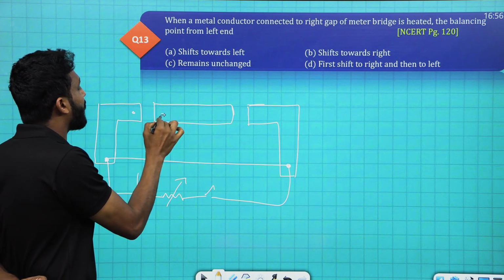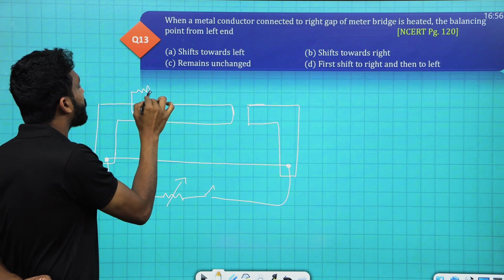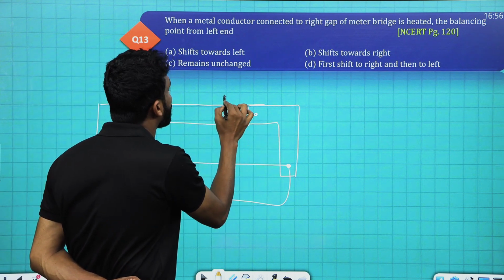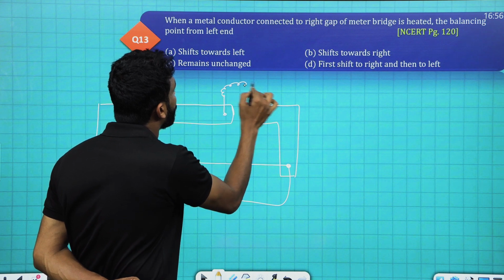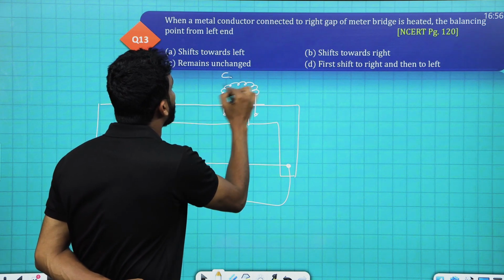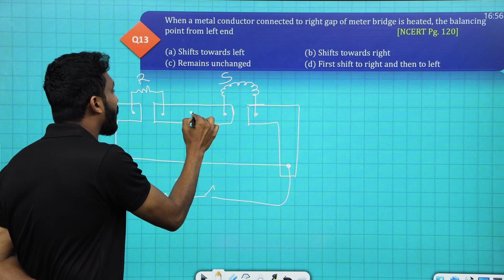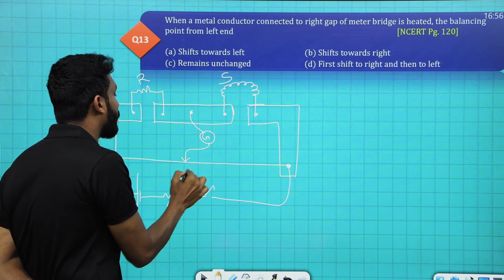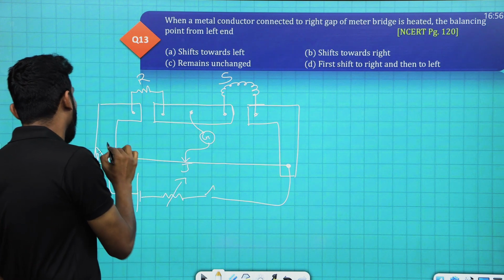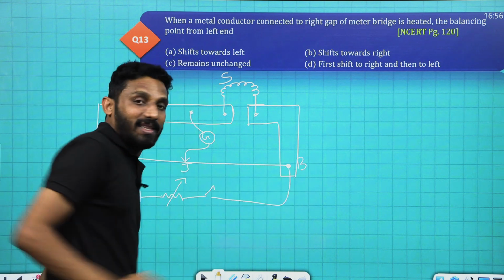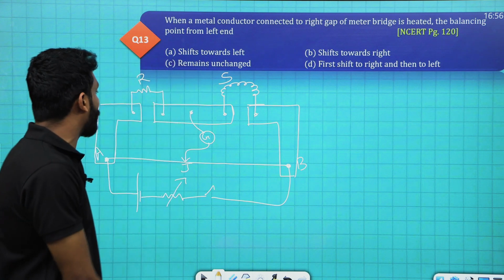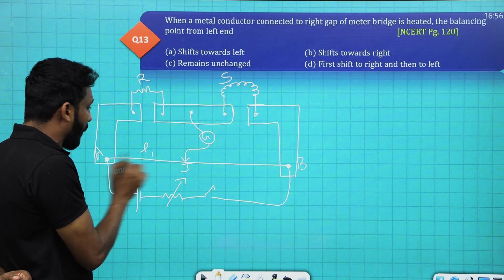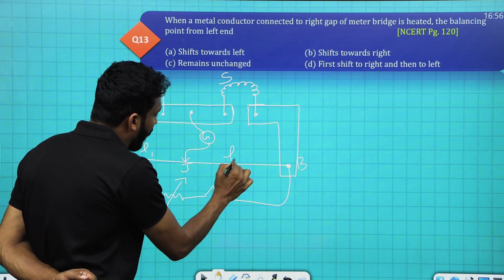And here we are having a standard resistance, let it be R. And here we are connecting a wire whose resistance is to be measured, let it be S. Here we are having a galvanometer connected to a jockey, pressing here at J. Let this point be A and this point be B. Yes, this is the picture of the meter bridge. Let this length be L1 from A to J and then this length be L2.